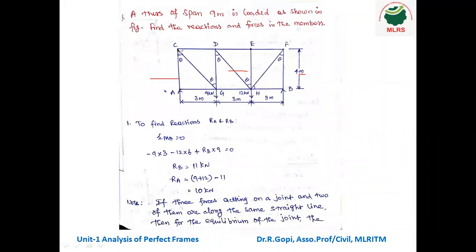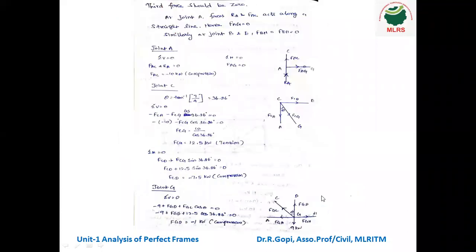For finding this theta value, opposite is 3 meter and adjacent is 4 meter. So theta is tan inverse of 3 by 4. This is the angle. So finally we got 36.86 degrees.